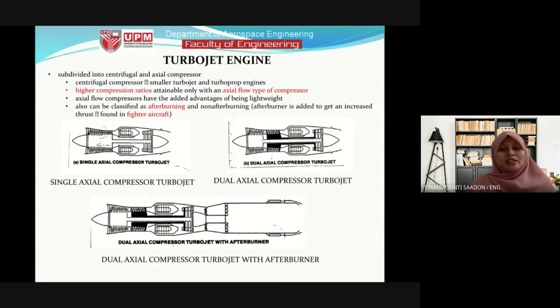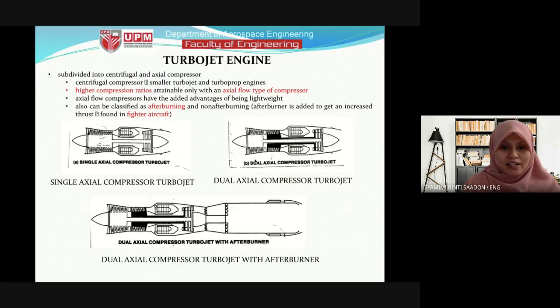Actually we have two different types of compressor, centrifugal and axial. Centrifugal compressor is more commonly used for smaller engines, turbojet and turboprop engines. However, for larger engines we use axial.